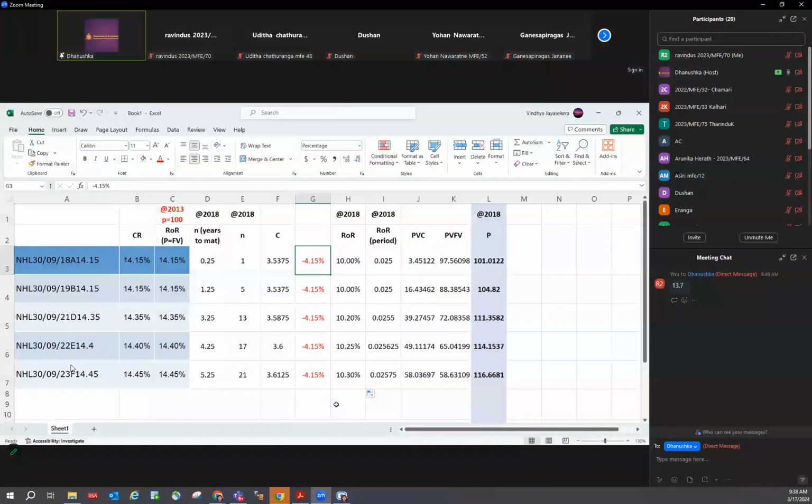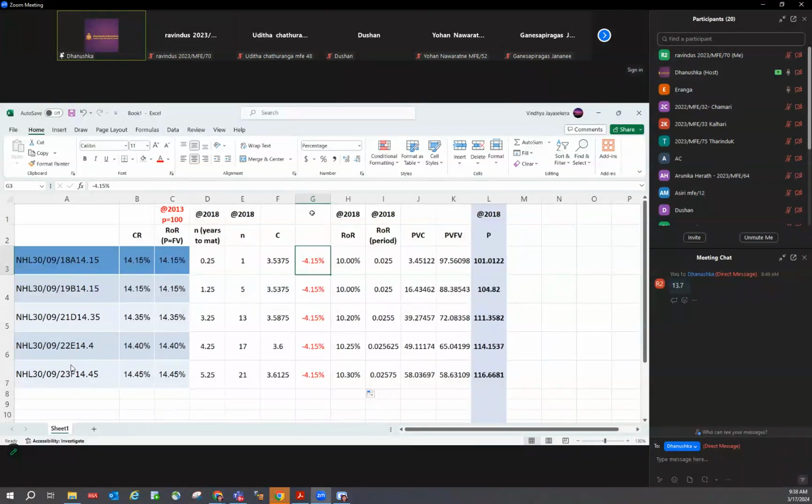What do you think will happen when interest rates don't change? You start off with a bond that is worth 100 rupees. In 2013, the bond was worth 100 rupees. That was when my required rate of return was in the 14.15 to 14.45 range. What if today, in 2018, my required rate of return is also still in the 14.15 to 14.45 range? What do you expect the price to be?